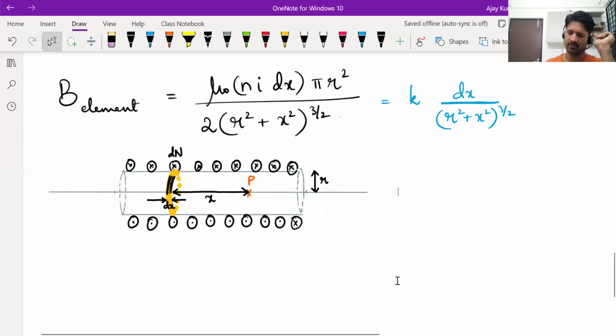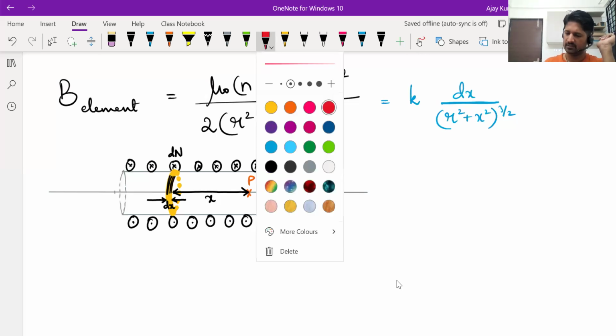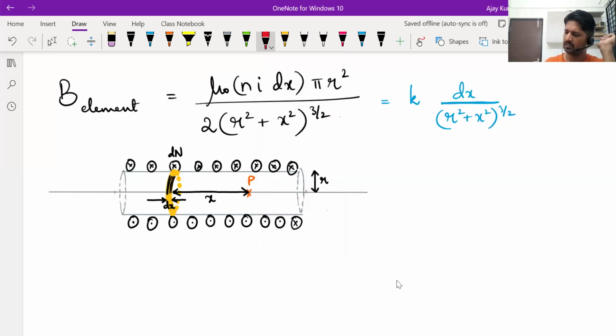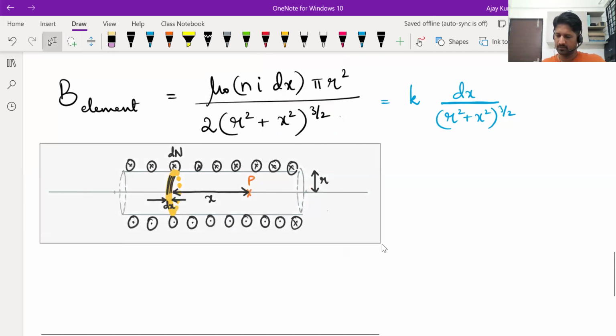Okay, see, generally, you'll learn it in mathematics integration in a little detail also. Whenever you see r square plus x square, or a square plus x square, or 1 plus x square in the denominator, you should get the idea that you have to use trigonometry. Okay, yeah, integration by substitution, correct. So what we are going to do here, I'll enlarge this diagram a little bit.